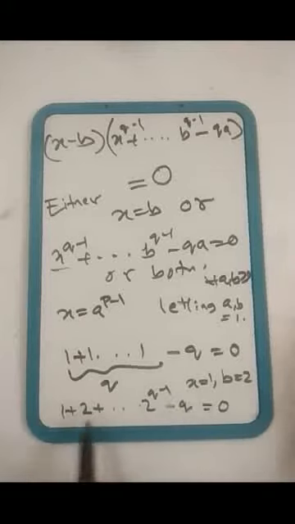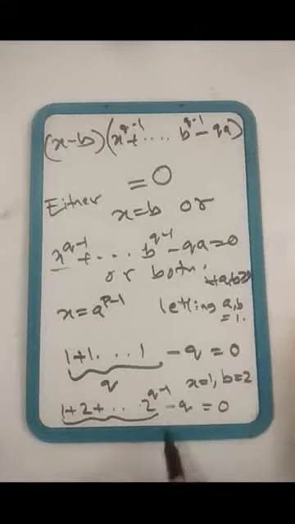This is equal to 0. But what is the sum of these things? This is a geometric sum. So that is 2 raised to q minus 1. So this implies that 2 raised to q minus 1 must be equal to q.